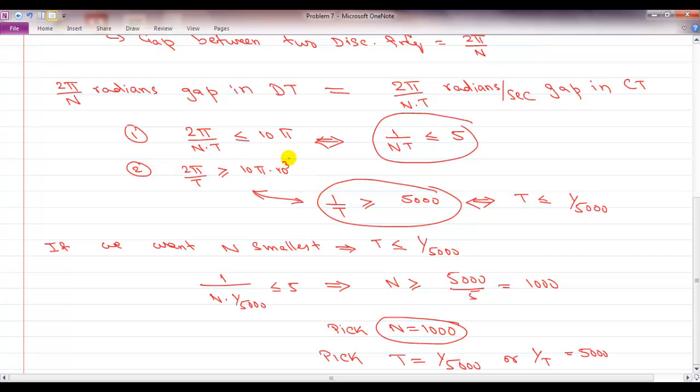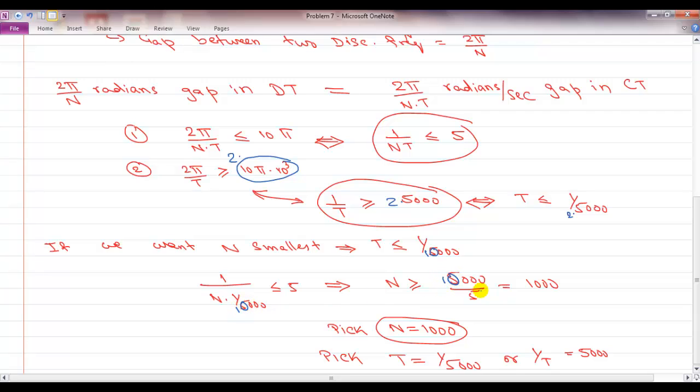So I think I made an error here, because my sampling frequency should be twice the maximum bandwidth. The maximum bandwidth is 10 pi times 10 to the 3. So I forgot to multiply by a factor of 2. Okay? So I should have a 2 everywhere. Instead of 5,000, I should have 10,000 everywhere.